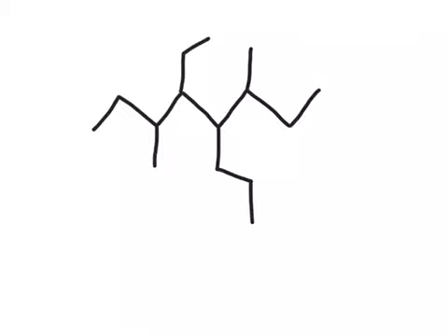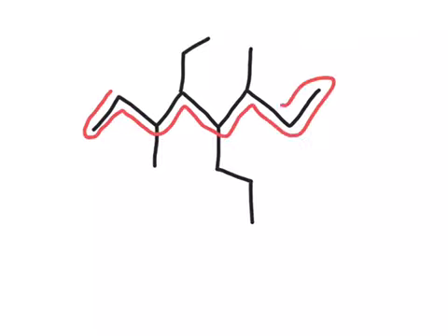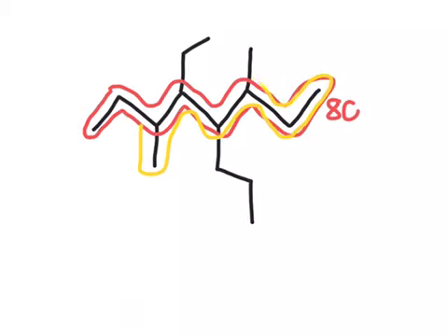I'm going to highlight a few different chains and we're going to work off of those. So starting here in red, this is an 8-carbon chain. In yellow, I'm going to highlight another. That is a 7-carbon chain, so not our longest. So red is still kind of victorious here.